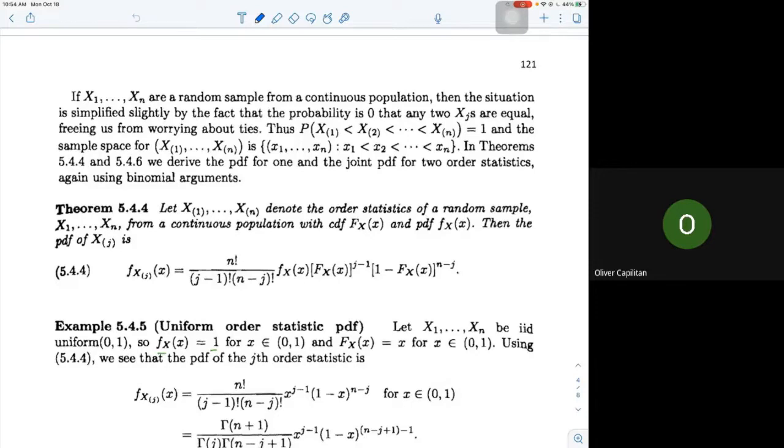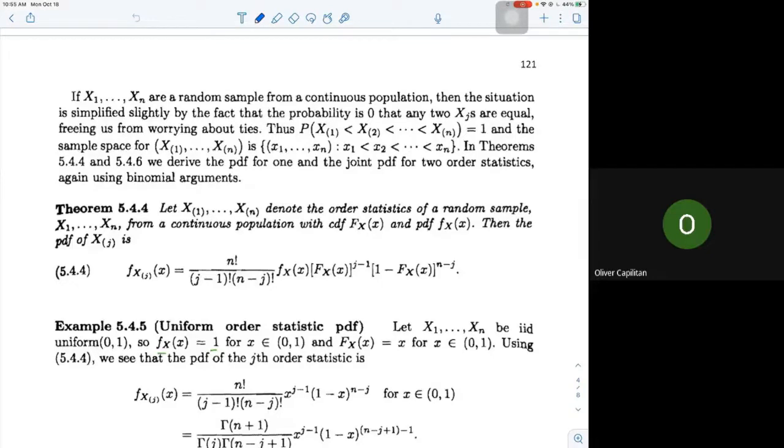And the sample space for our random vector of order statistics, we have here the set of all n-tuples, x sub 1 up to x sub n, such that x sub 1 is less than x sub 2, and so on and so forth, less than x sub n. So that's the sample space of our random vector of order statistics.